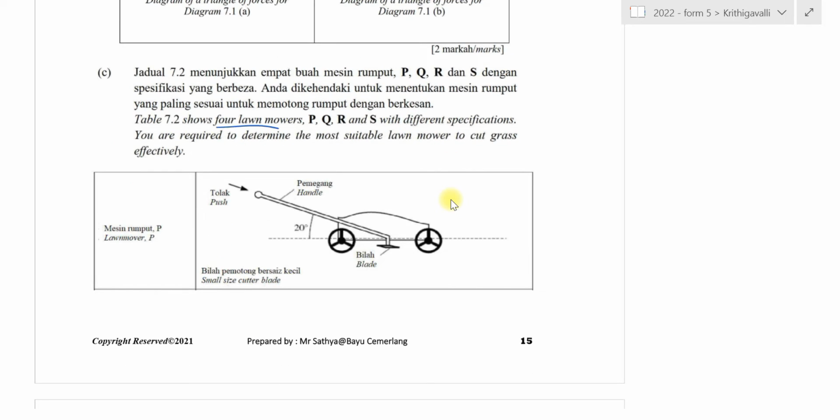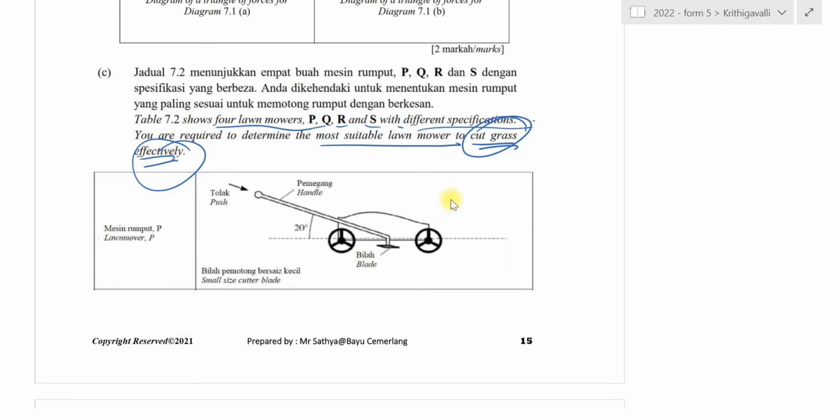Table 7.2 shows 4 lawn mowers PQRS with different specifications. You are required to determine the most suitable lawn mower to cut the grass effectively. So our focus is to cut the grass effectively. How effectively do you want to cut the grass?